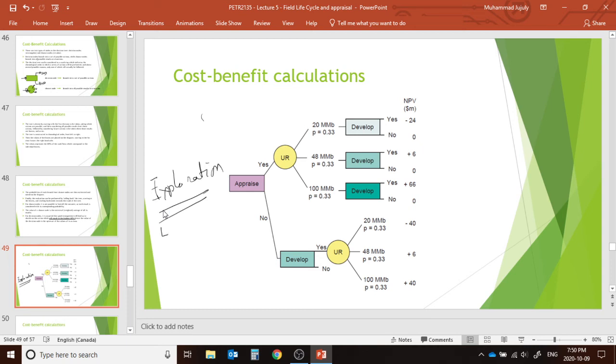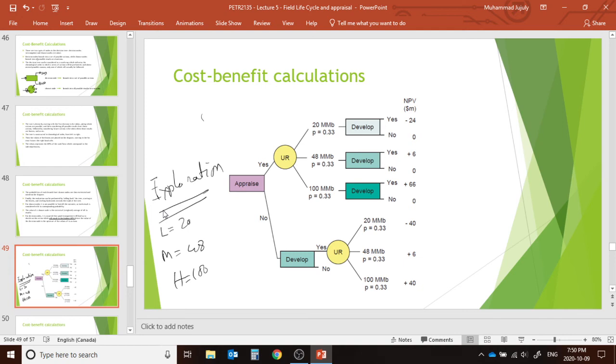We have low, which is 20, we have medium value, which is 48, we have high, which is 100. All right, now the question is, should we do the appraisal to do the development or not?